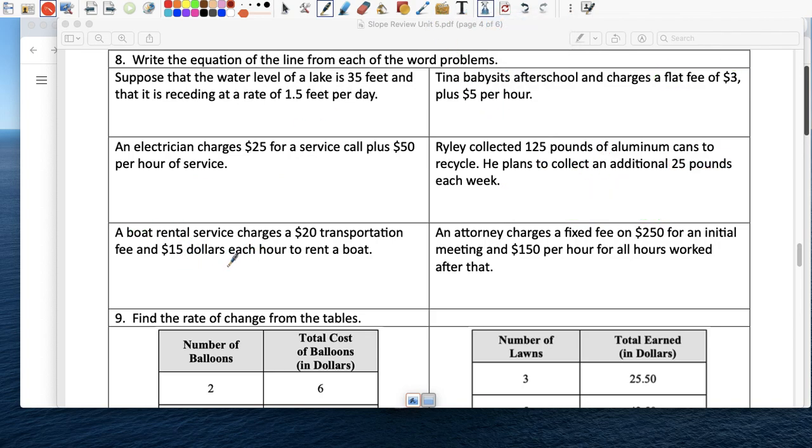Now, I hope you notice a pattern here. A boat rental service charges a $20 transportation fee and $15 each hour. So you go to the lake, and they say it's $15 per hour plus $20 for whatever fee.